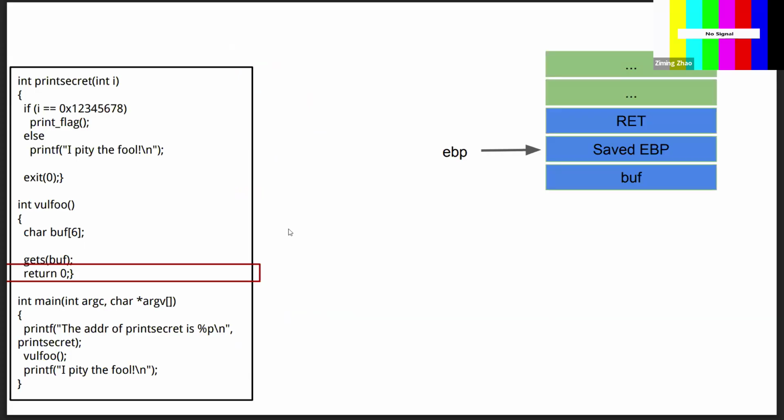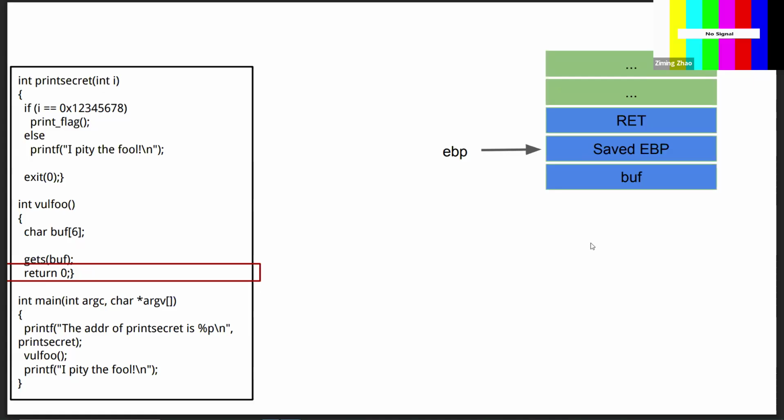Then let's take a look at this. This one can get a little bit confusing, okay? Let's say right now, we are at the end of the vulnerable function. We are about to execute the epilogue, not just return, but also the leave. So the EBP at this point points to the saved EBP.